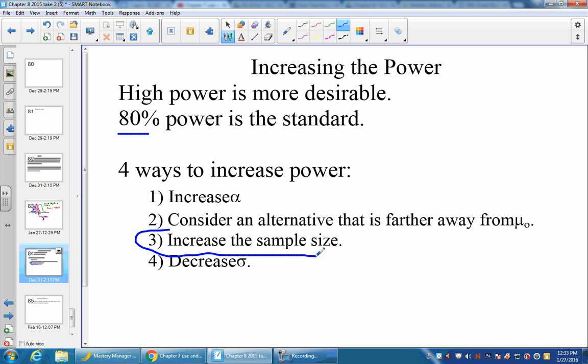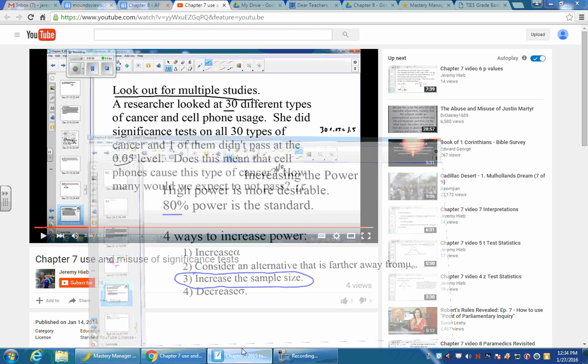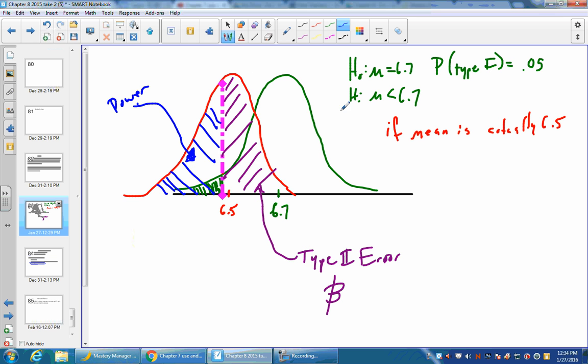The book had these 4, and we can look at all 4 of them. But the main thing that people do to increase their power is increase the sample size. As you increase your sample size, the standard deviations get thinner, and it's easier to see if there's a distinction between the two means.